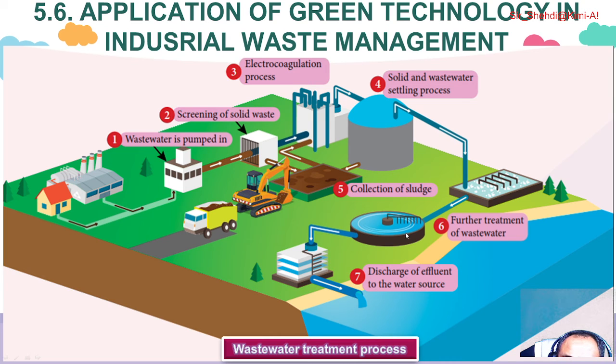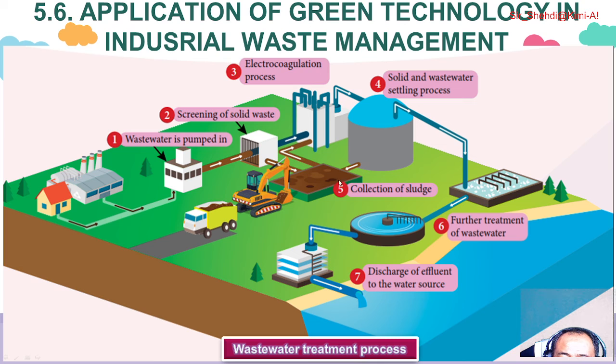Okay, first we start from number 1. Wastewater is pumped in from domestic and also from industry. Then we proceed through screening of solid waste. The third one is the electrocoagulation process using electrolysis. Step number 4 is the solid and wastewater settling process in a big tank.